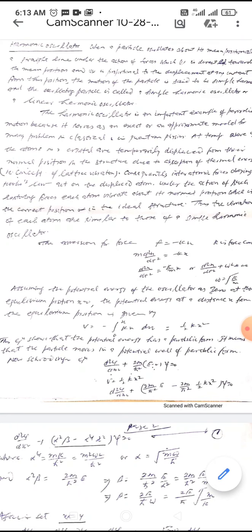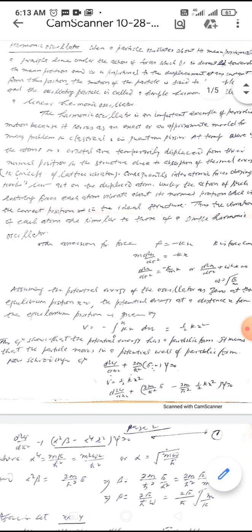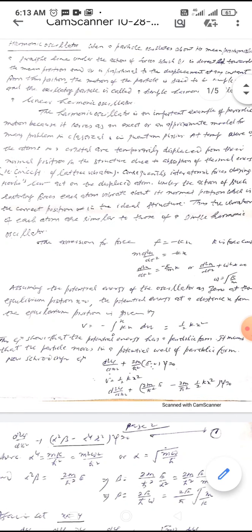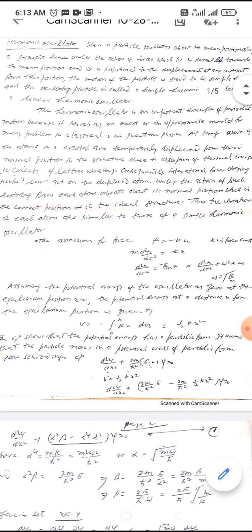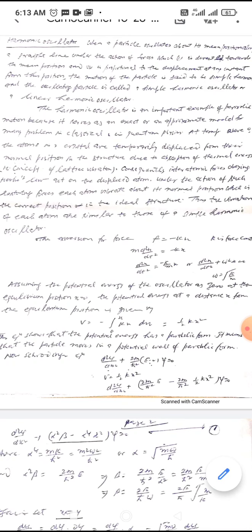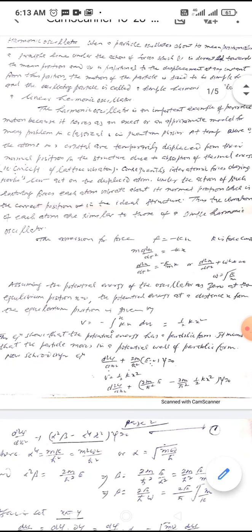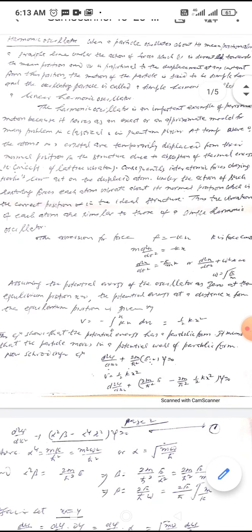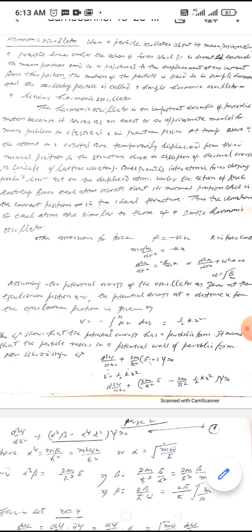You might have read some in paper third, solid state physics. At temperature above 0 Kelvin, the atoms in a crystal are temporarily displaced from the normal position in the structure due to the absorption of thermal energy.